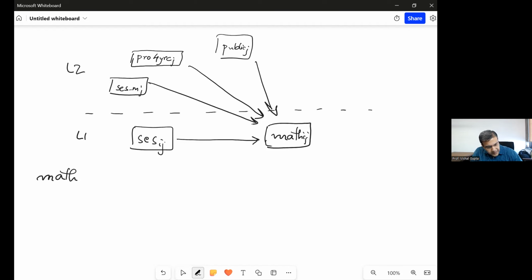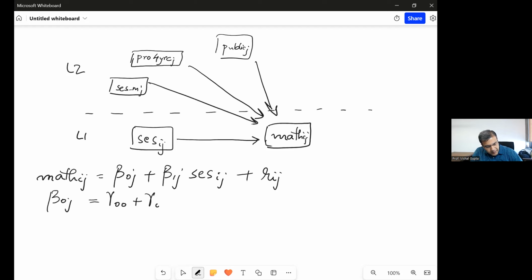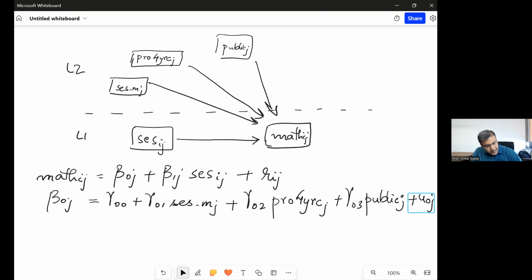We say math ij is equal to the same equation, beta 0j plus beta 1j SES ij plus Rij, and then we say beta 0j is equal to gamma 00 plus gamma 01 SES mean j plus gamma 02 pro four-year college j plus gamma 03 public j plus u0j, and beta 1j will continue to be constant because we are still modeling random intercept only.